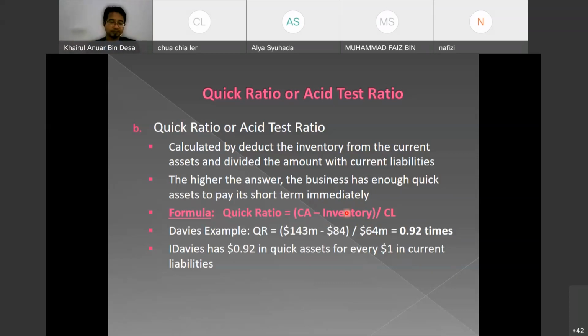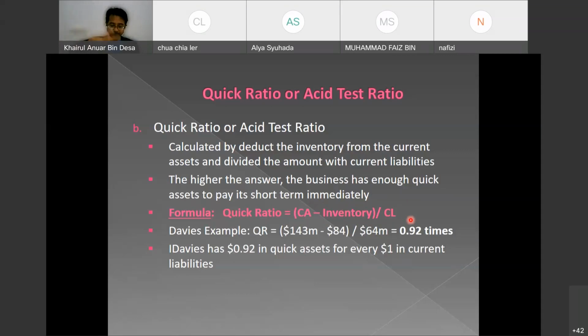What is the function of the inventory? Inventory ni kita beli, we buy the inventory and then we sell for profit. If we buy the inventory dan kita stok banyak, inventory banyak dalam syarikat, tetapi kita gagal untuk menjual, it means nothing. That's why from 2.23 times, that good enough, but when we take out the inventory from the calculation, suddenly the result drop only 0.92 times.